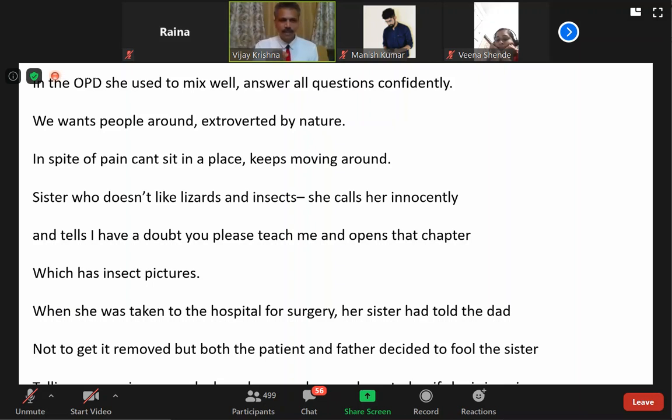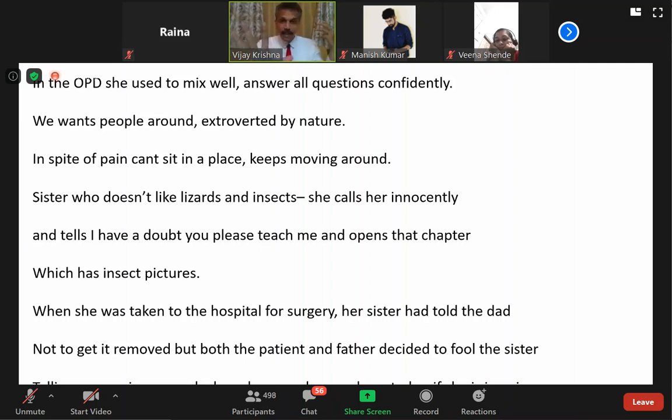When she was taken to the hospital for surgery, her sister had told her dad, please don't get it removed. But when they came back home, the scene was, this girl was on the father's lap, and they gave an impression to this homeopath that already surgery is over, and this younger sister was acting, ayyo, mere ko dard hai, ye hai, wo hai.